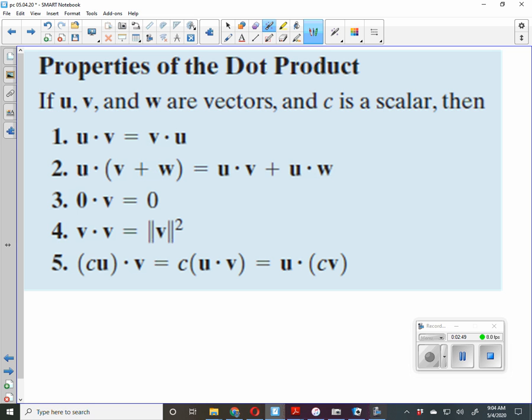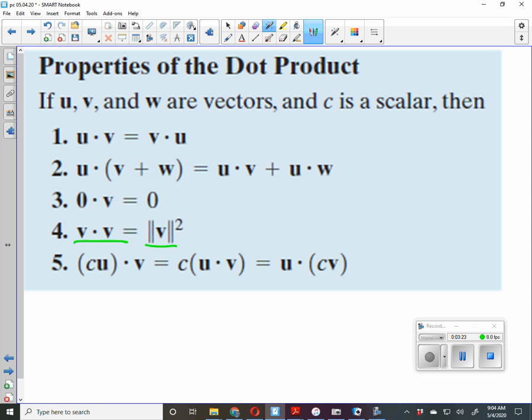All right, we have properties, as you just saw. We've got the commutative property. There's a distributive property, which means if we add two vectors and multiply by a vector, that's the same as the distributive property, but we're still going to end up with a dot product, which means a number. We've got the zero vector, and that holds true. When you square a vector, it's basically squaring the magnitude.